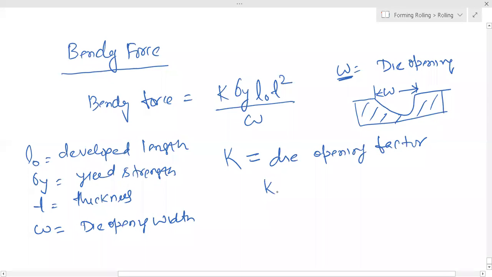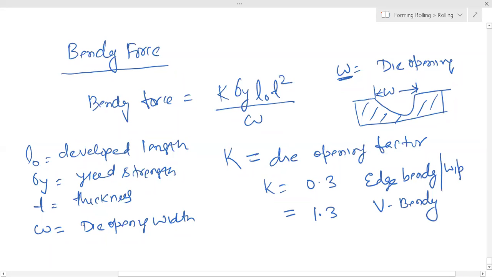And this K value is 0.3 for edge bending, and 1.3 for V bending. This edge bending we also call wipe bending.